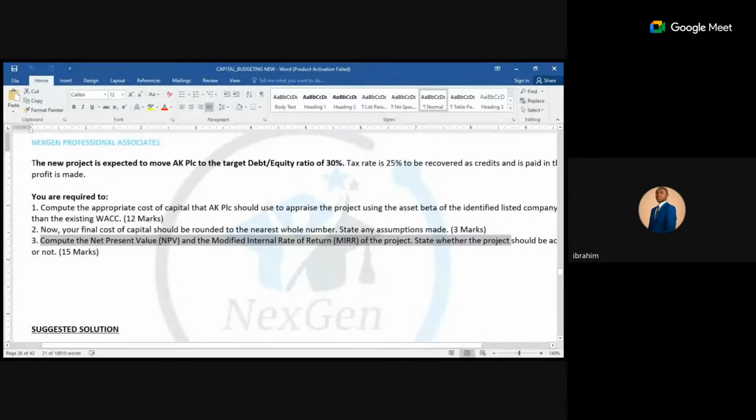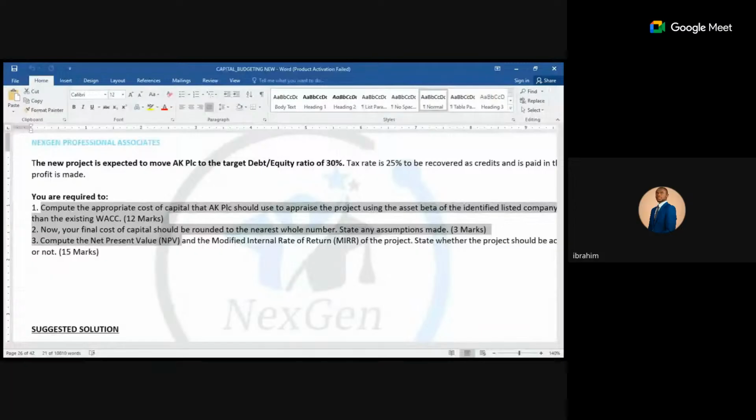The first question says compute the appropriate cost of capital. You can see that this question is a combination of the appropriate cost of capital, the NPV, and the modified internal rate of return. When you see appropriate cost of capital, it means that there will be a diversification here.